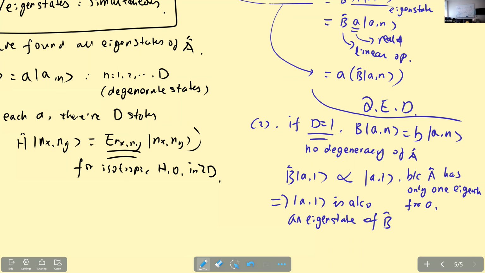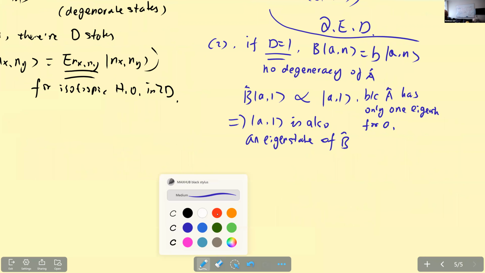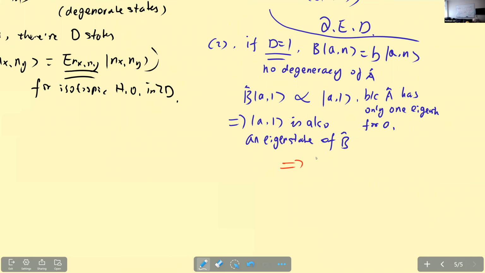So this one means simultaneous eigenstates, right? Okay.